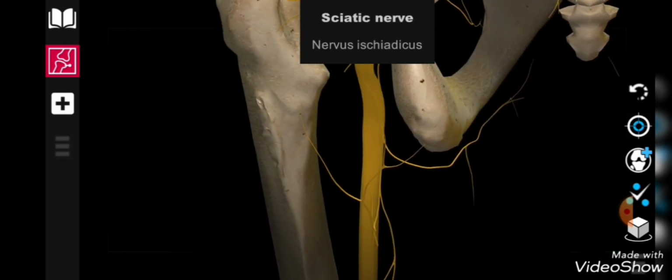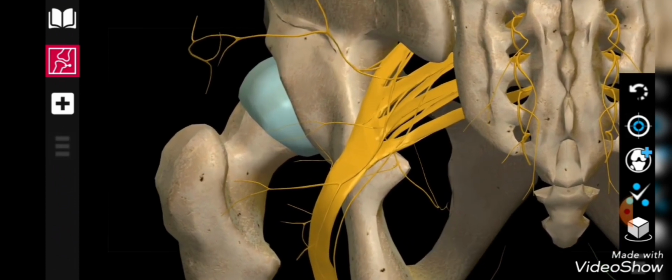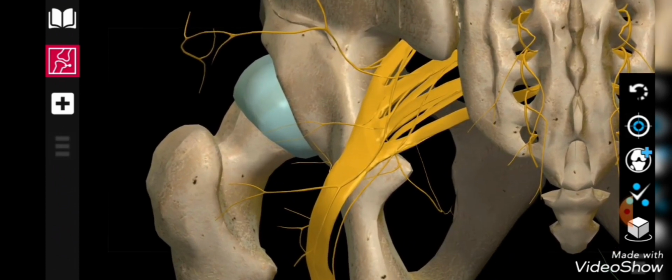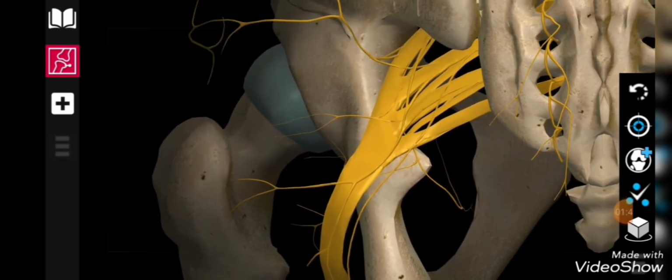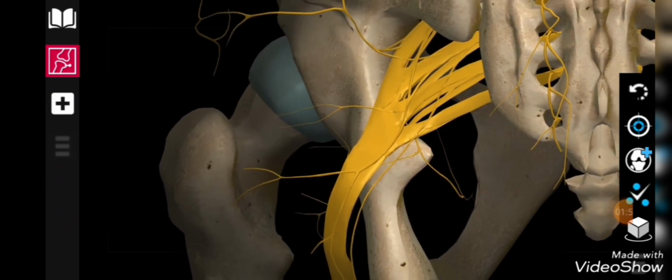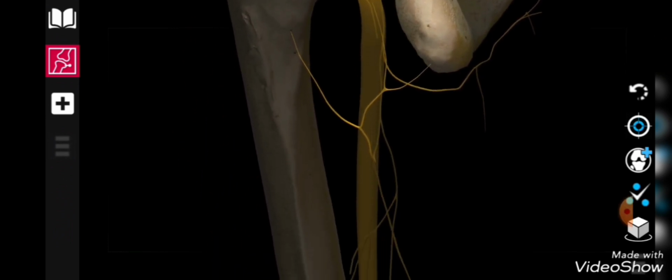Let me mark it, yeah, this one, that has to pass through the greater sciatic foramen. Through the greater sciatic foramen it is going to enter into the gluteal region. You can see the course below. Let me trace that sciatic nerve.